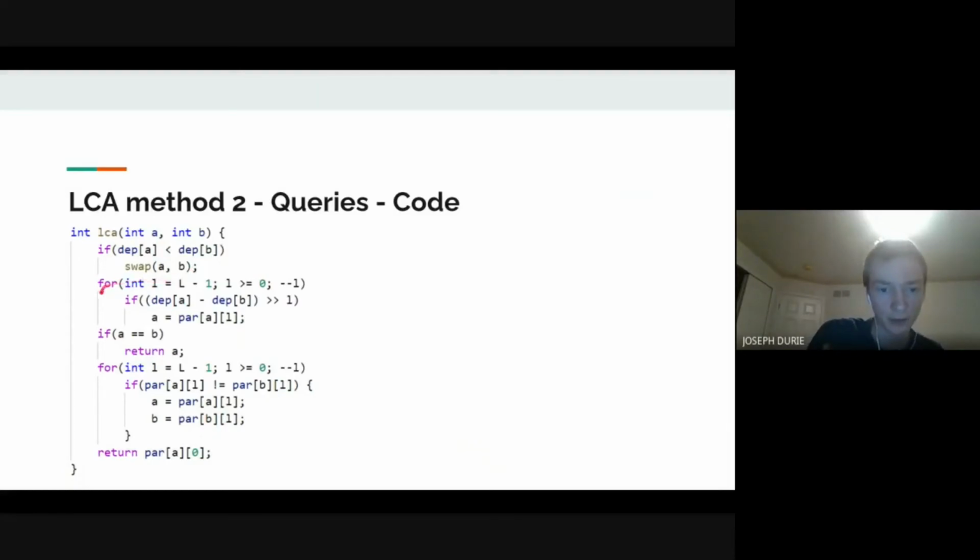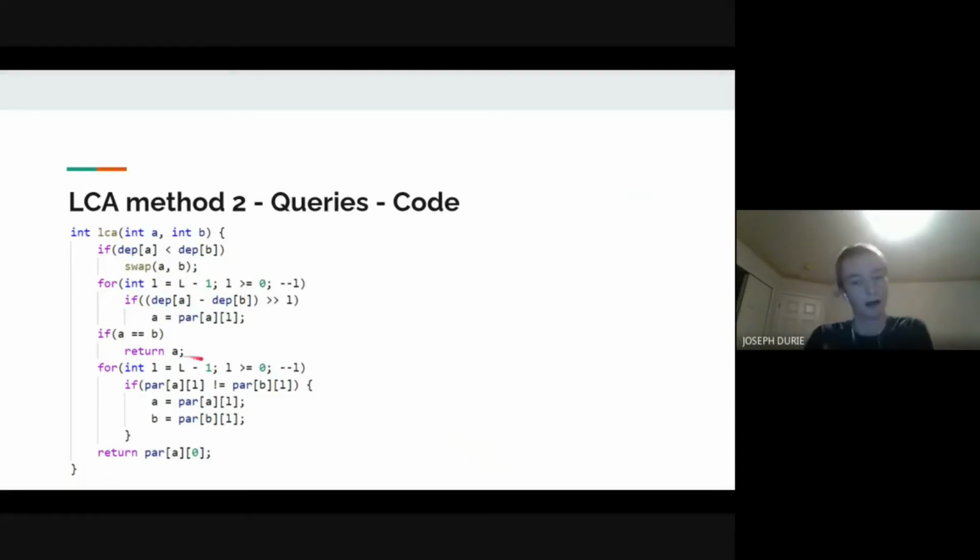And then here, what we're doing is we are greedily pulling out the biggest power of 2 of depth A minus depth B. So this is basically saying if depth A minus depth B is at least 2 to the L, then we set A equal to its Lth parent. And then once we're done with this loop, we know that depth A equals depth B. So then if they're equal, we can just return A.